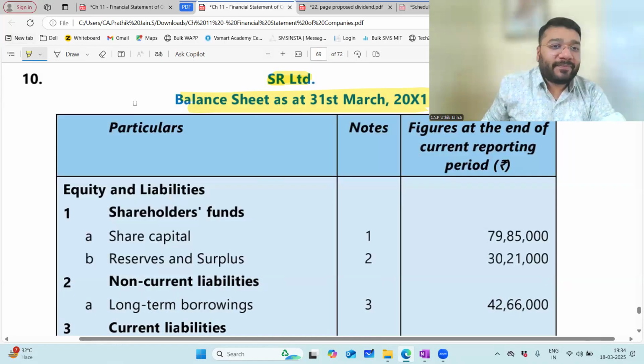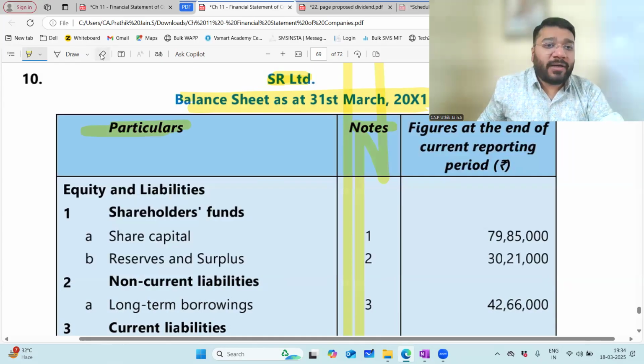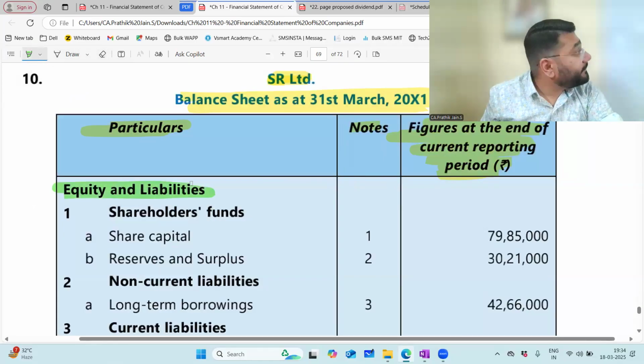Next point. Particulars, note, and figures at the end of the current period. Under that, equity and liability.